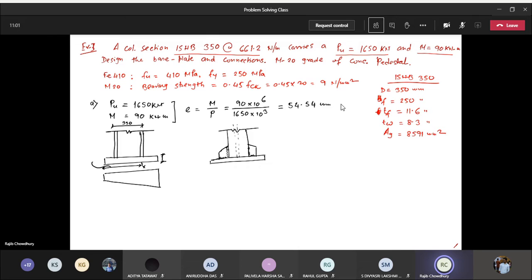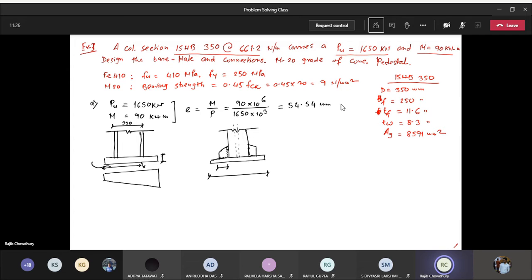Okay, not the bolted connection. Welded connection we are now providing because the bolted connection we have already made. So how much this particular thing is to be considered, and the overall dimension also is required to be evaluated, right?